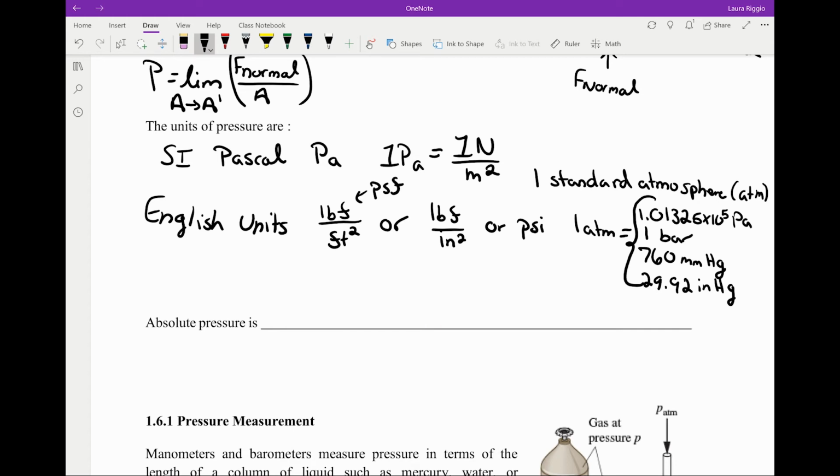Absolute pressure is pressure with respect to zero. It's pressure with respect to the zero pressure of a complete vacuum.